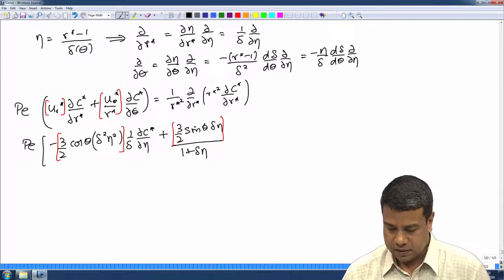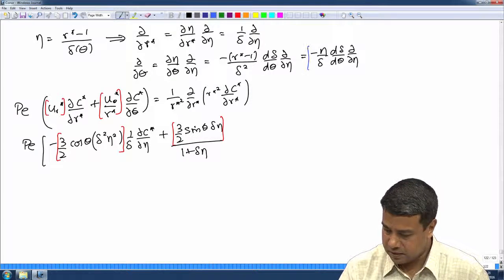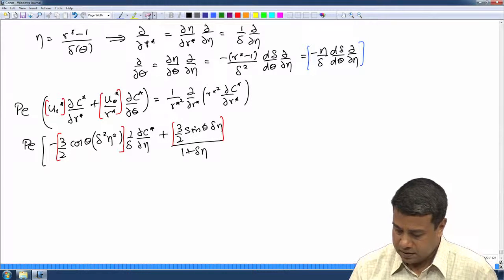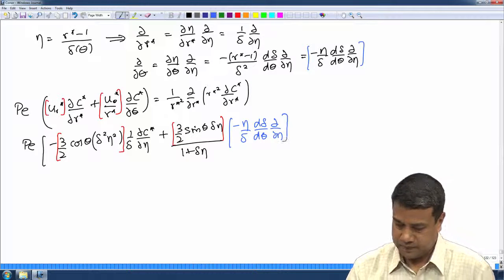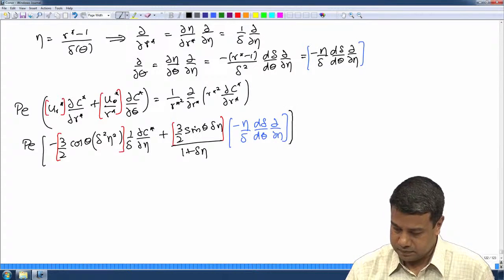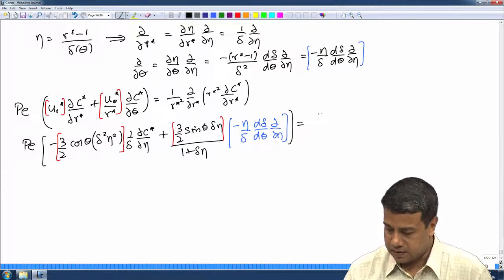Partial c by partial theta is now given by this term here. So, therefore, I get this multiplied by minus eta by delta d delta by d theta partial by partial eta. And this second term here, as we saw, is 1 by 1 plus delta eta the whole square.